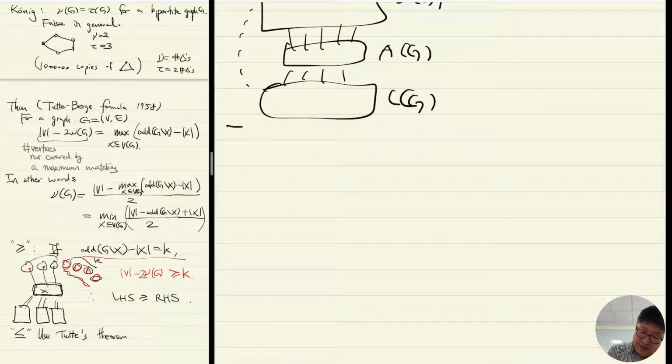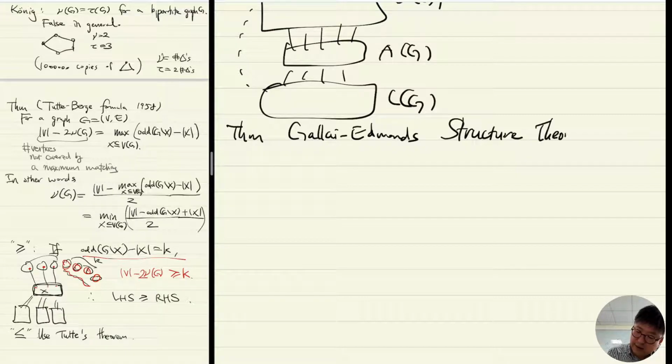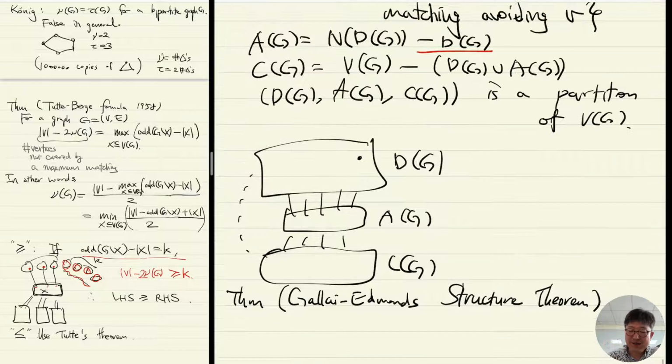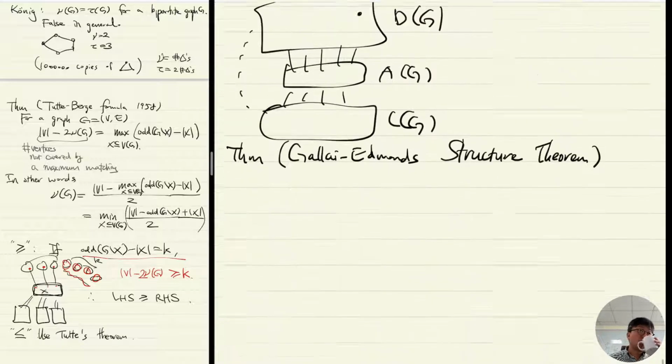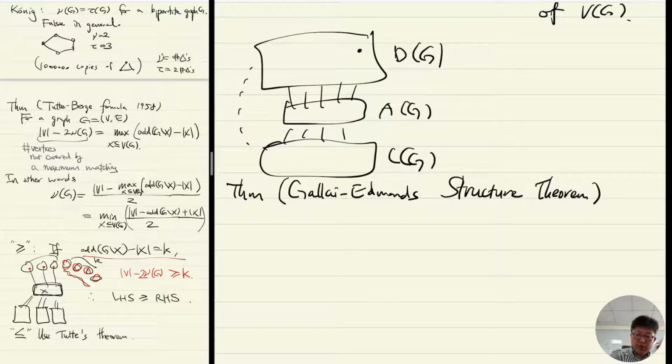Now, what this structure theorem of Gallai and Edmonds describes is how you can build a maximum matching avoiding a vertex in D of G, right? If we know this partition D, A, C, how do we build a maximum matching avoiding a particular vertex that I pick? If I pick a vertex here, how can I find the maximum matching avoiding this?